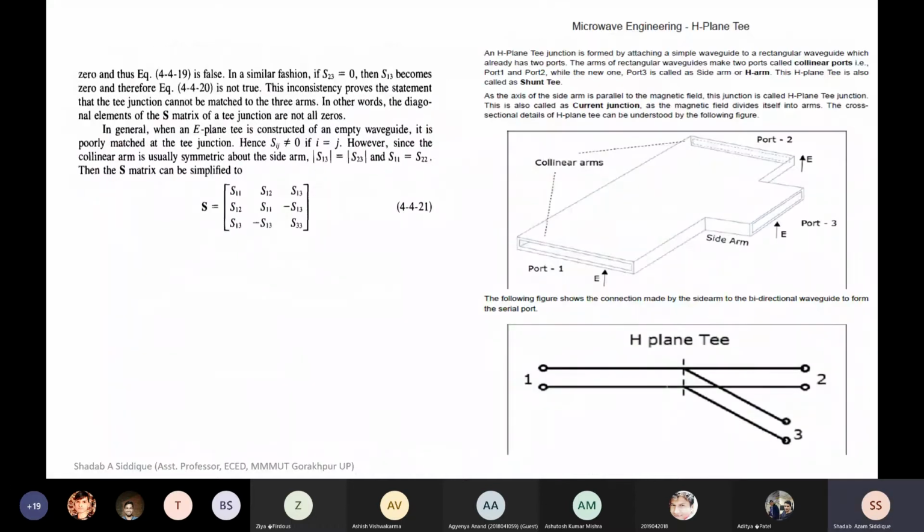Now next we have the H-plane T. In the H-plane T we have the magnetic field, and the configuration is like this.